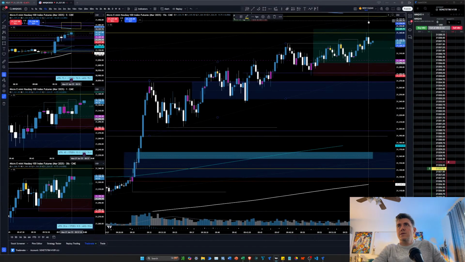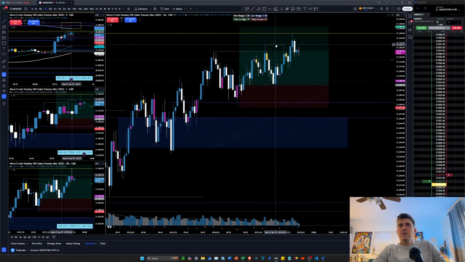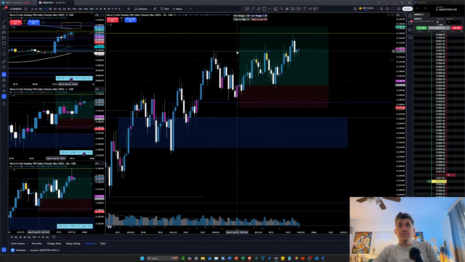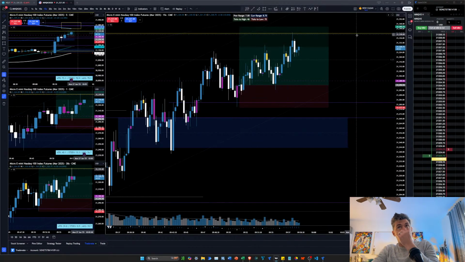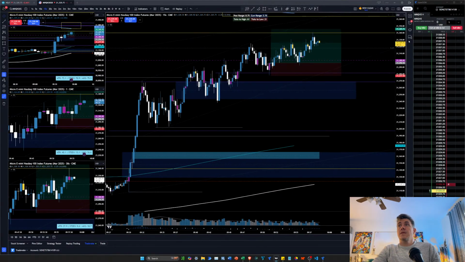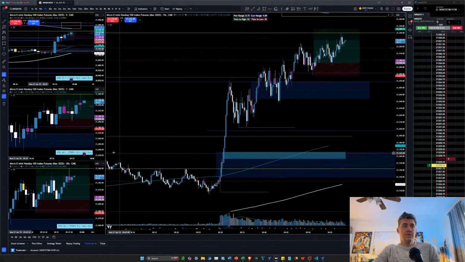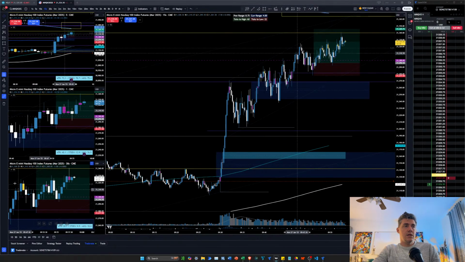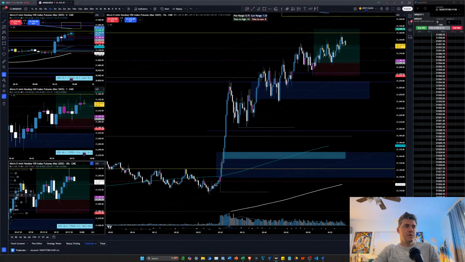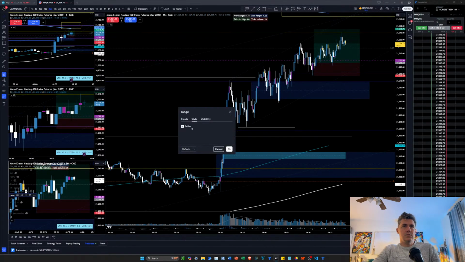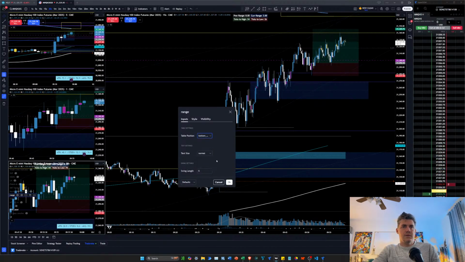And price did just wick it. I don't know if I would trust it to be strong enough for a full reversal, but let's see something. Range, inputs. Let's go bottom left.